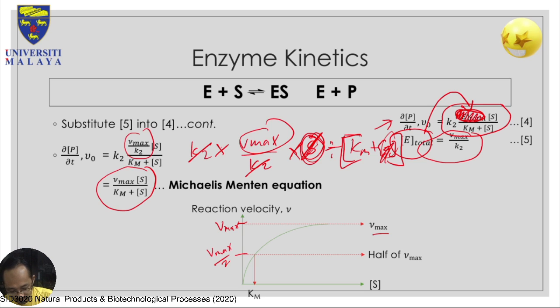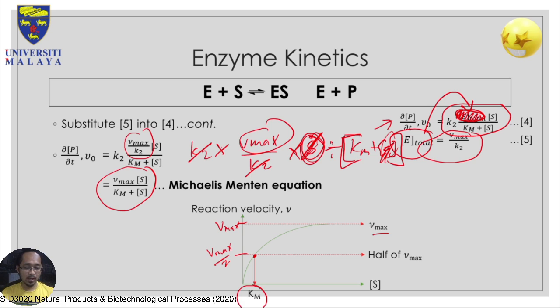The particular point at which your rate is half of Vmax, the intersection with the substrate concentration, is actually your Km value.